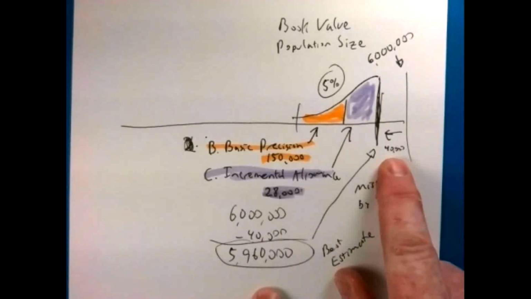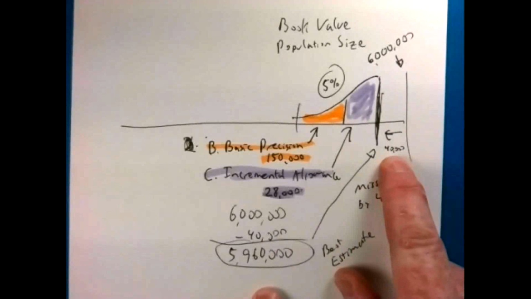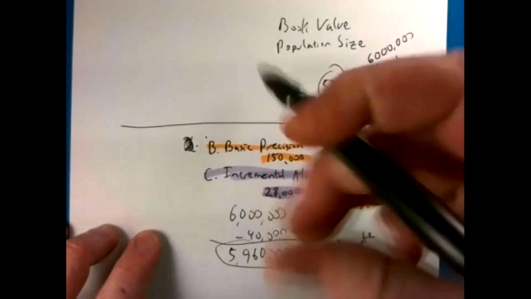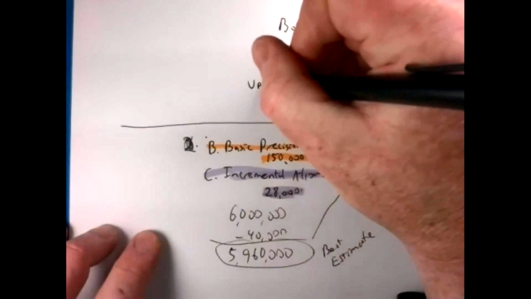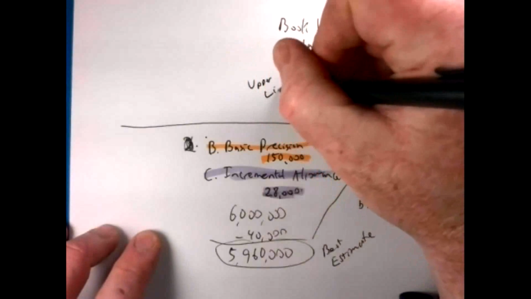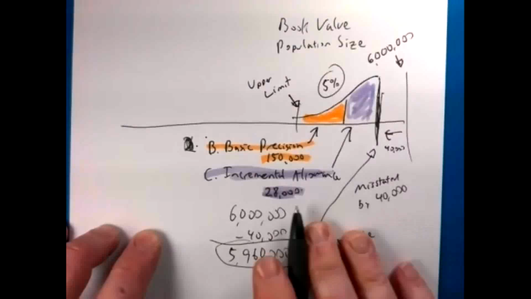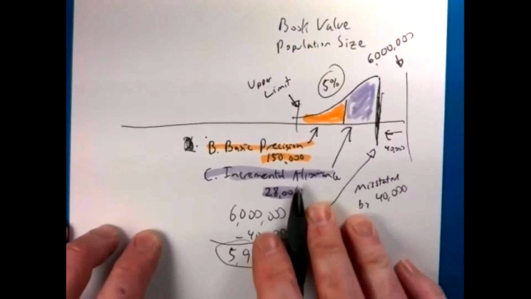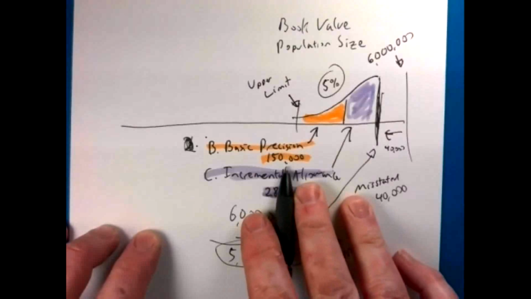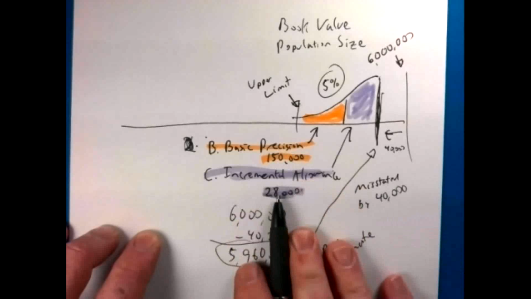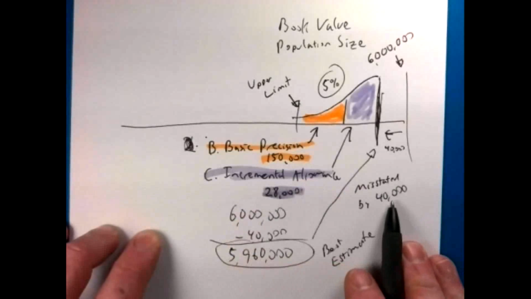So our best estimate is off by 40,000. But now the upper limit of what it could be is it could be up by another 28,000 because of incremental loss, and another 150,000 because of basic precision, and that's if we didn't have any errors in it, any misstatements. So it could be off by an additional all those. So the total amount that it could be off by is a 40.